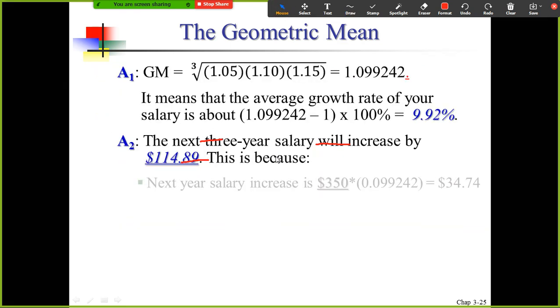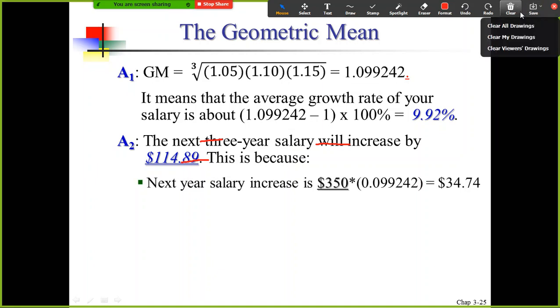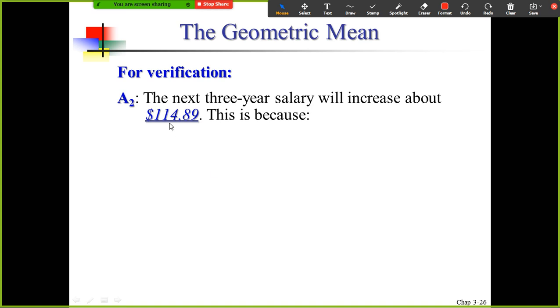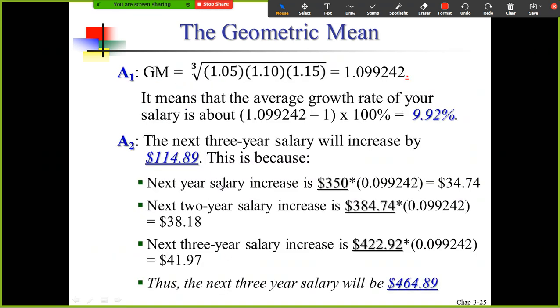Okay, like this one, to check the average growth rate. When our salary increases at the average growth rate, it is not a real growth rate. This is the real growth rate.